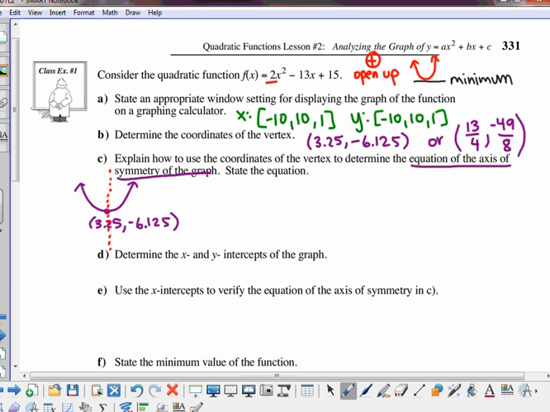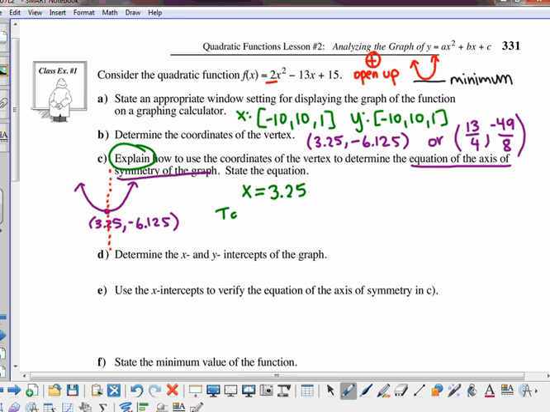Okay? So what would be the equation of the axis of symmetry? X equals what? 3.25. Just the x value in the vertex is the equation of your axis of symmetry. So take the x coordinate. It says explain, so we have to use words.